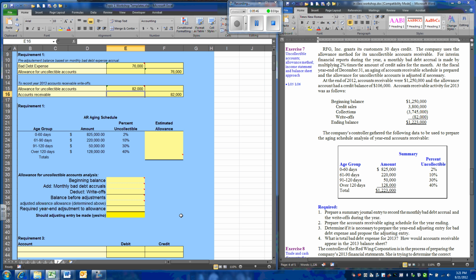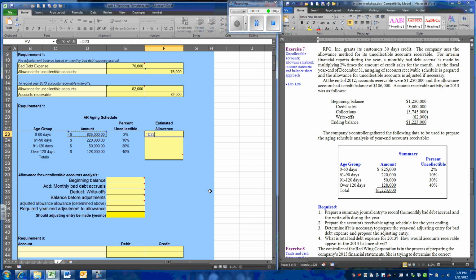Next, let's complete our aging table. Remember, the estimated allowance is going to be the amount in the age group times our judgment on the uncollectible amount.